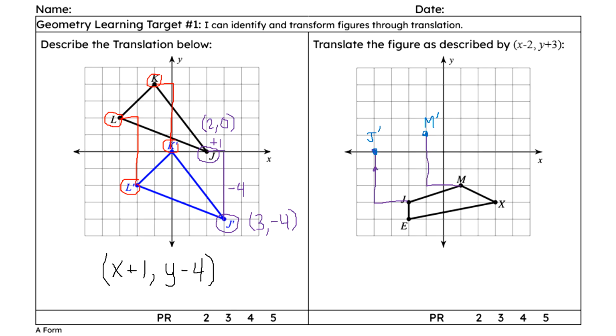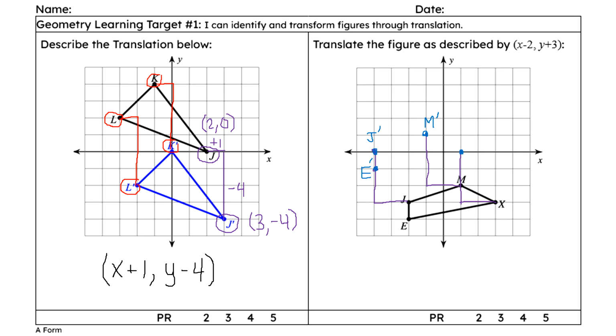Right here. Here's E prime. And lastly, we've got X, backwards 2, 1, 2, and up 3. 1, 2, 3. This is where X prime should land.